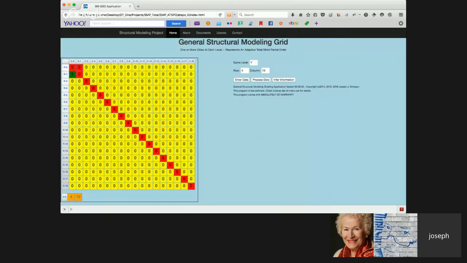So what we're going to do is explore that and see if they are different or if they can be treated essentially in the same way.